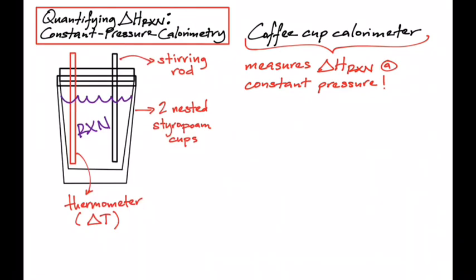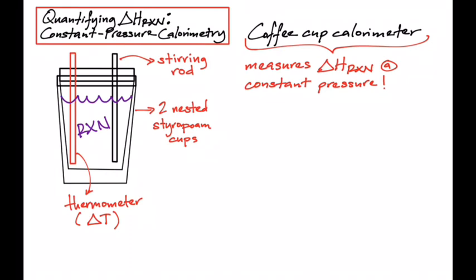You have two nested styrofoam cups, and then you have a stirring rod to make sure that heat is circulating and evenly distributed in the solution. And then you have a thermometer that measures the change in temperature within that chemical reaction. So you would determine the initial temperature before the chemical reaction happened, and then measure the temperature again after or during the chemical reaction.